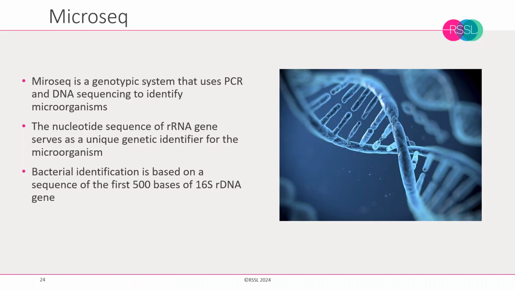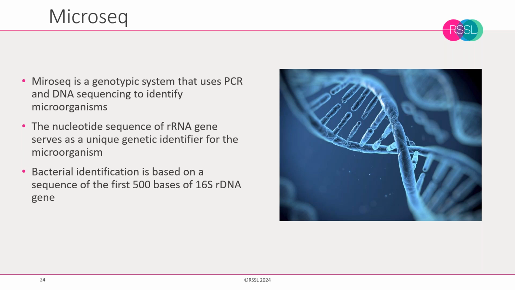The alternative genotypic system, as I mentioned, is a system like MicroSeq, which is a genotypic system that utilizes PCR, as we've explained, and then DNA sequencing to identify microorganisms. And it's the nucleotide sequence of the RNA gene that serves as a unique genetic identifier for the microorganism.